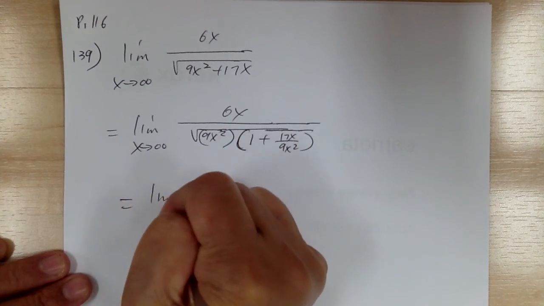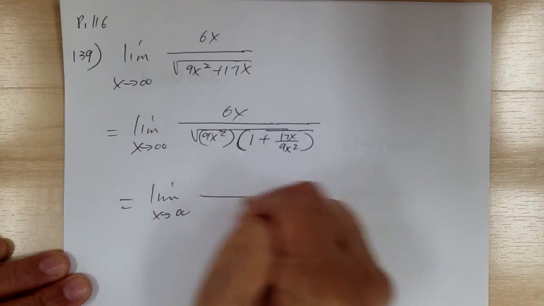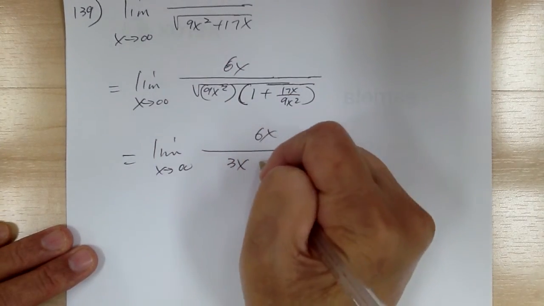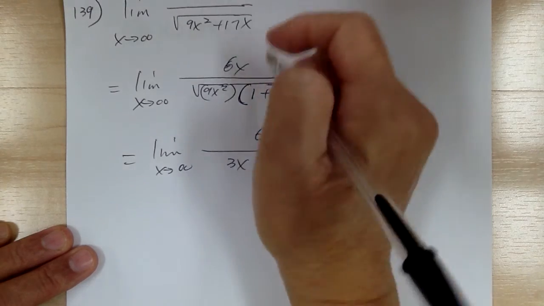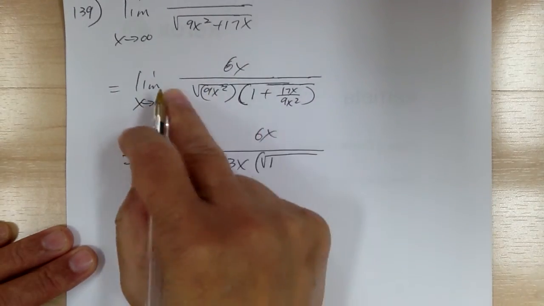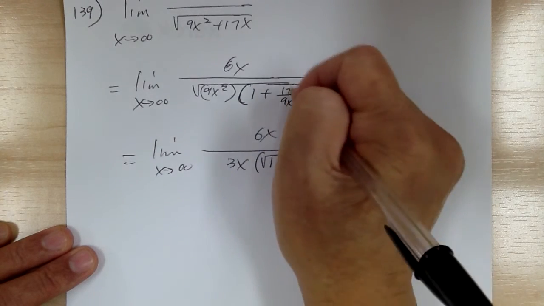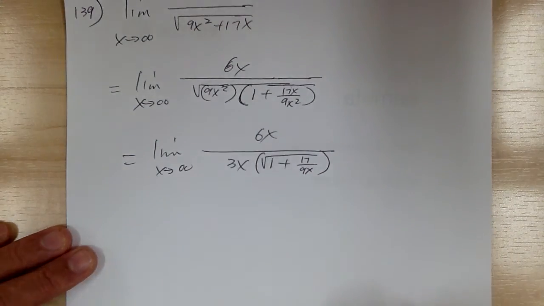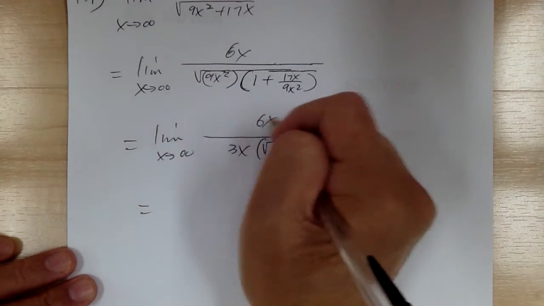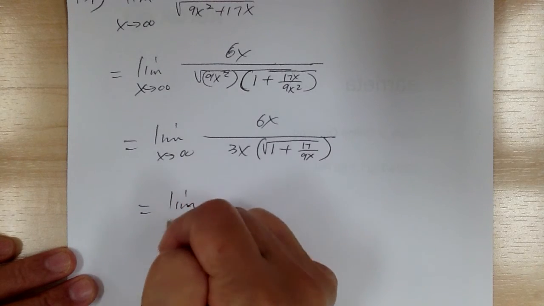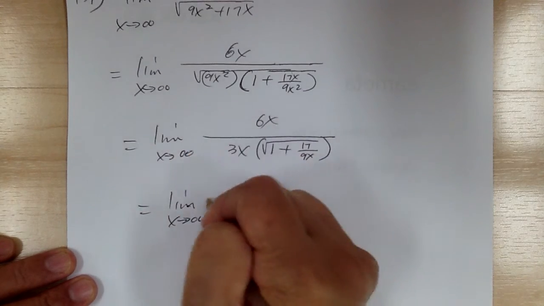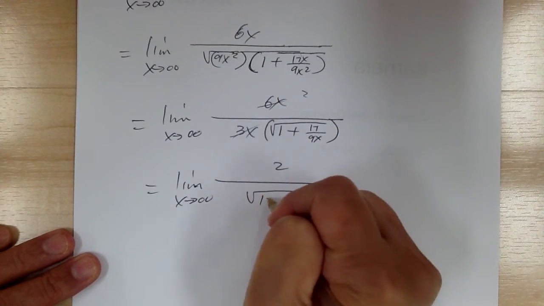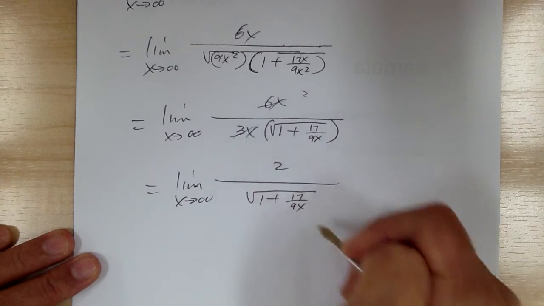So this will equal 6x over the square root of 9x squared times the square root of 1 plus 17 over 9x.